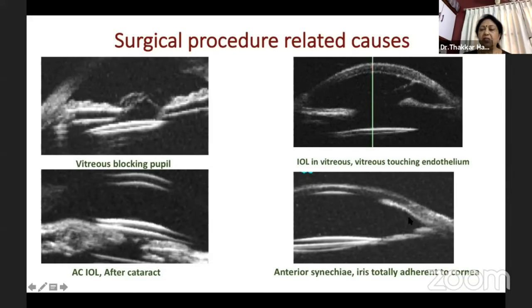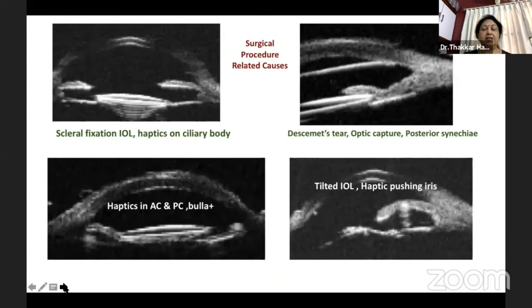At times, we can get total anterior synechia, iris totally adherent to the corneal endothelium. In a scleral fixation IOL, the haptics are irritating the ciliary body all the time. At times, the IOL is halfway in the anterior chamber and half in the posterior chamber, one haptic in the angle, the other on the ciliary body.